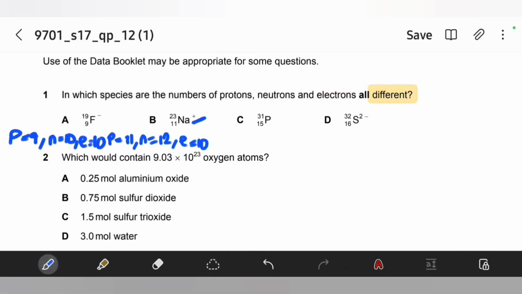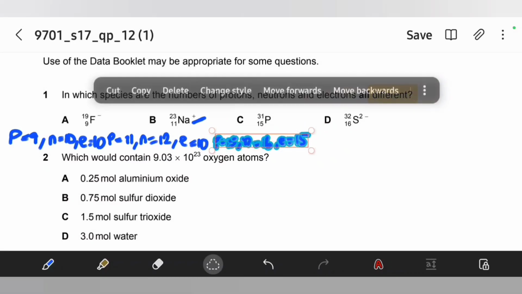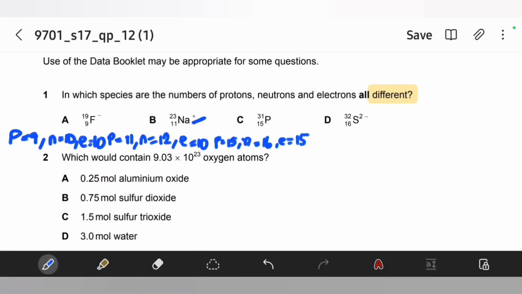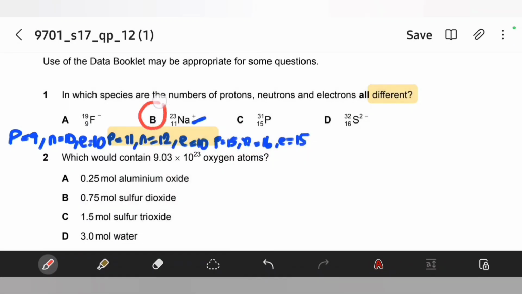Now for phosphorus, protons are 15, neutrons 31 minus 15 is 16, electrons 15. Since there is no charge, electrons would be equal to the protons. Lastly, we do not need to find out for sulfur ion since we have got the answer. Here we found out for sodium, and all of these numbers are different, so our answer is B.